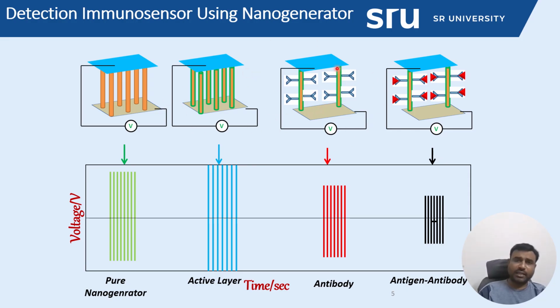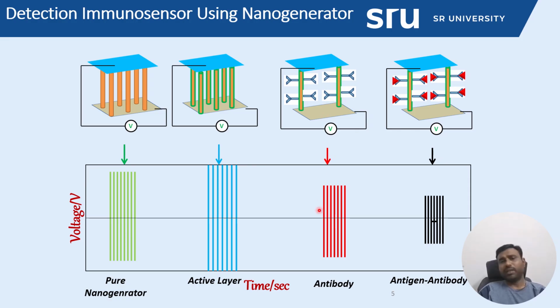So here in the third step we can see, after attaching this bioreceptor, here the antibody, over the active layer coated titanium dioxide, what will happen? This is the complete device. We have attached the antibody. So first, this is the pure device, next the active layer coated device, further this antibody or bioreceptor attached over the active layer coated TiO2. This is the third step.